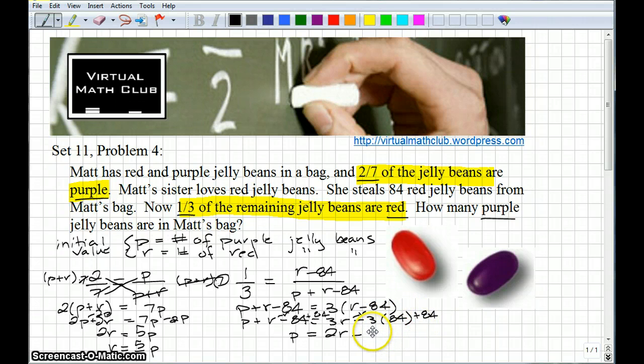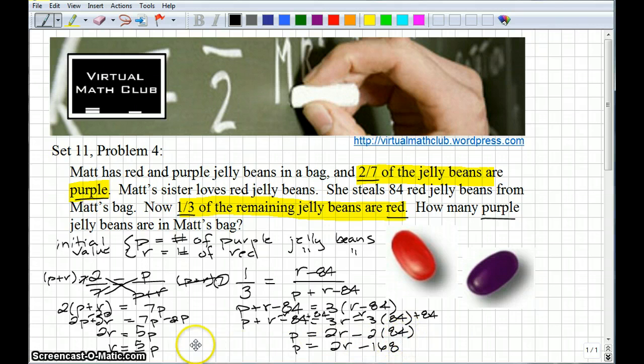So now I actually have only 2 84s. So this is just 168, right? So I can say that p is equal to 2r minus 168. Okay?